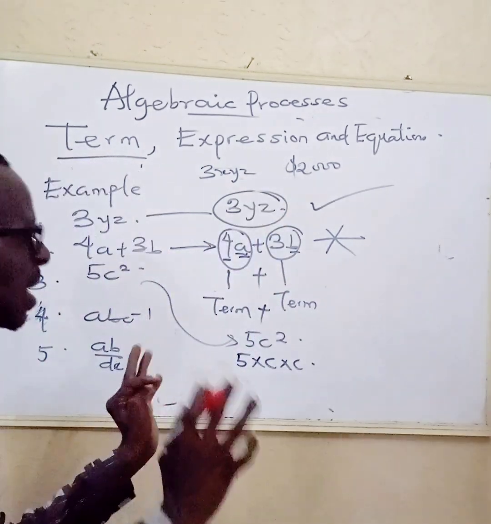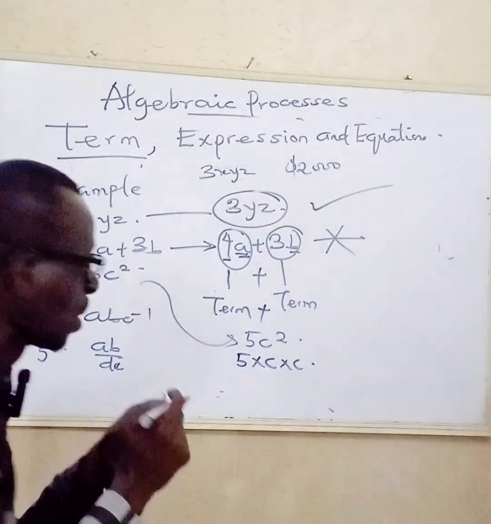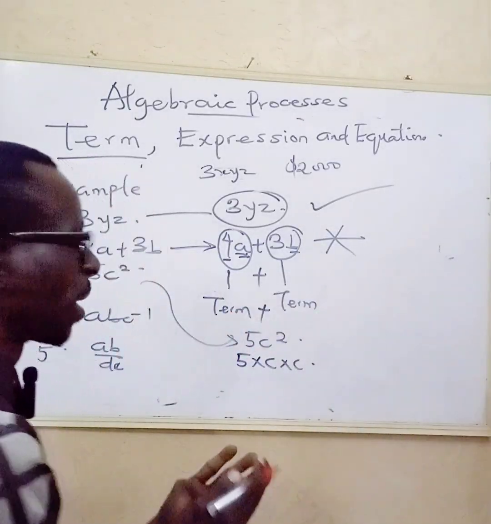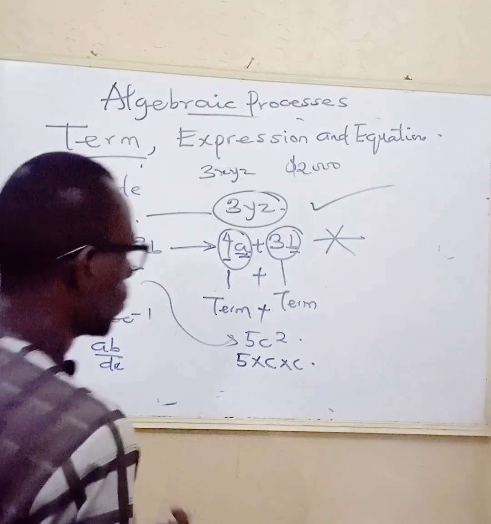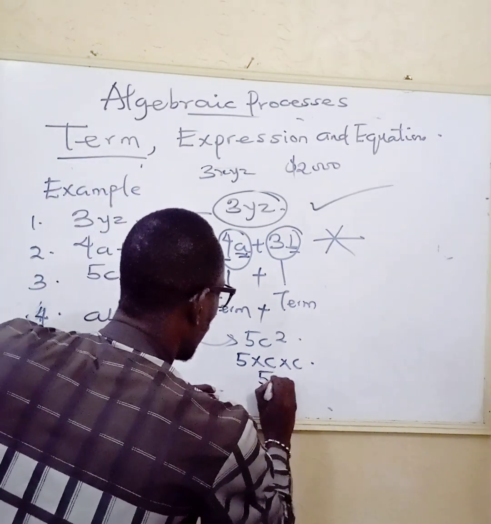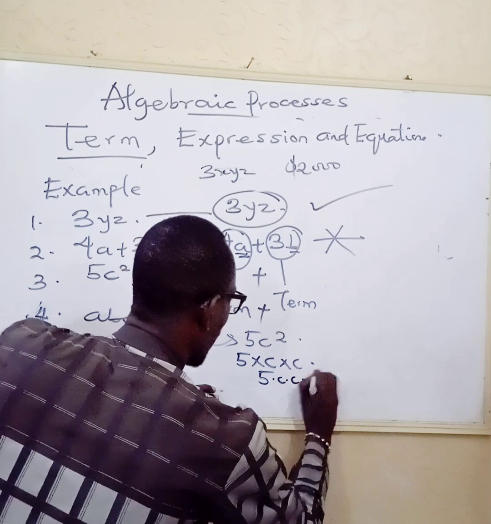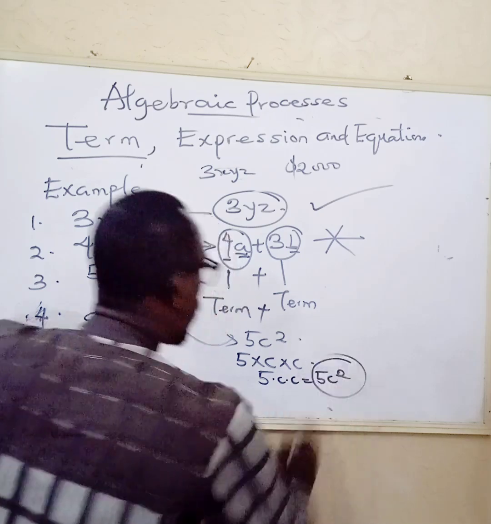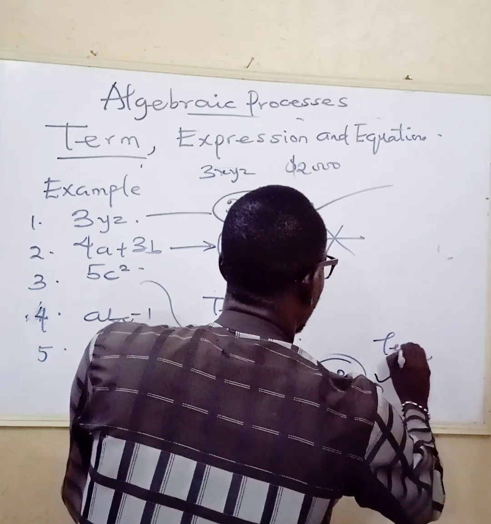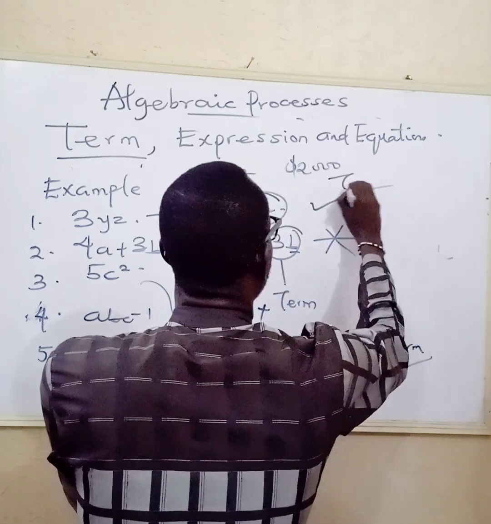So it is under the operator multiplication that this has to do with a single and a combined term, which results in what? A term. We have 5 dot c dot c, that is 5c squared. This still forms a term.